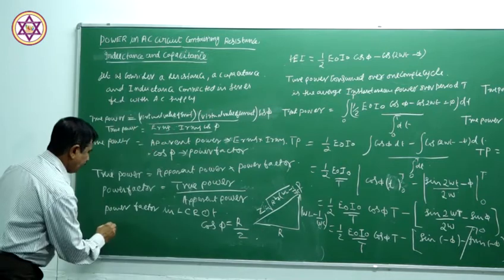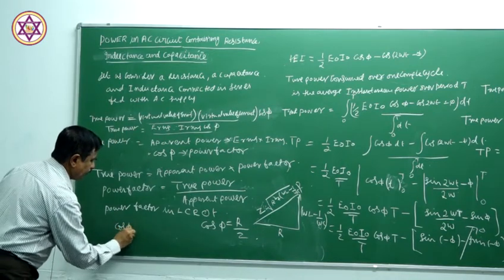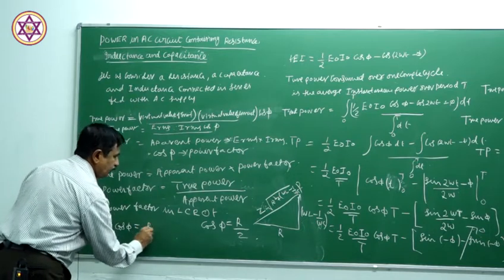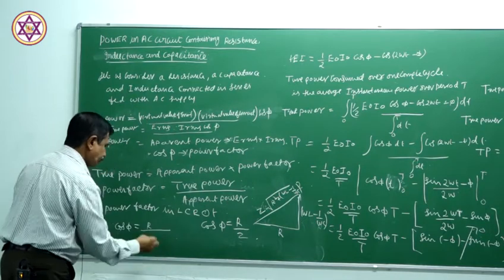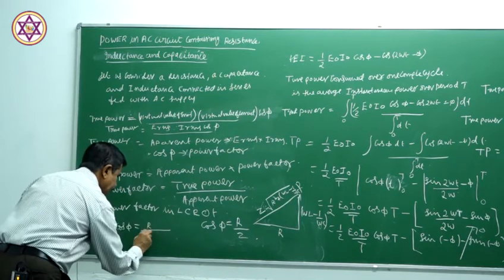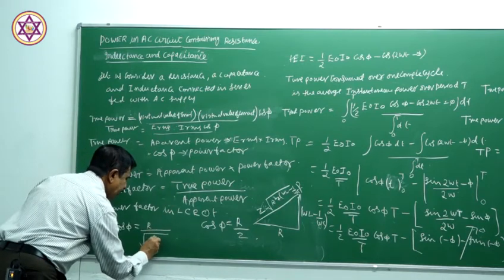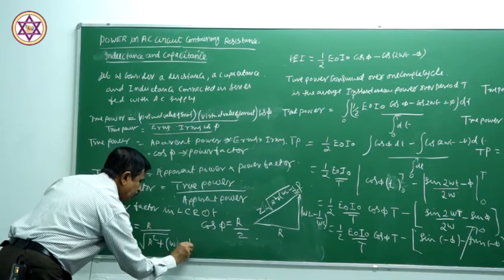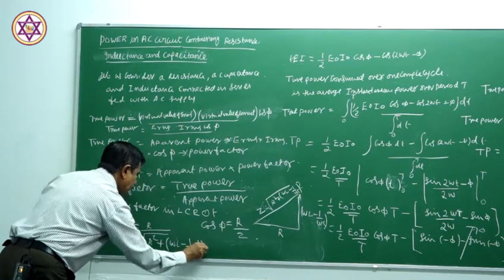Therefore, our power factor in the LCR circuit, cos phi, is R by root of R squared plus omega L minus 1 over omega C the whole squared.